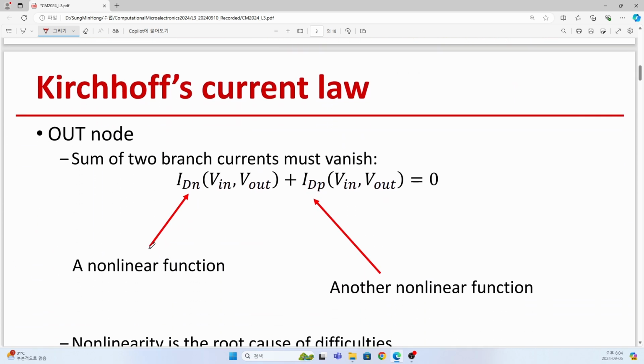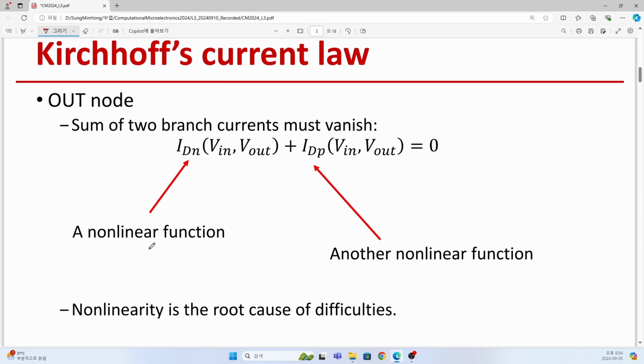This is just a repeat of my previous explanation. At the output node, we must solve this KCL, Kirchhoff's current law. At a certain circuit node, the sum of all branch currents should be 0 when we unify the direction of the branch currents.